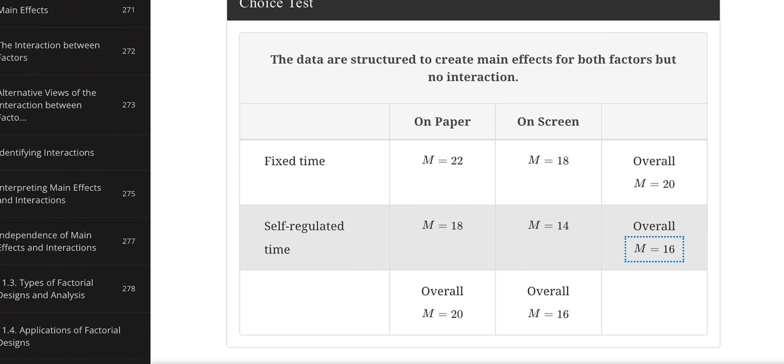Now, of course, you still have to evaluate these statistically, right? There still has to be a hypothesis test, a statistical significance test, to determine if that difference of 4 points for on paper and on screen is statistically significant.